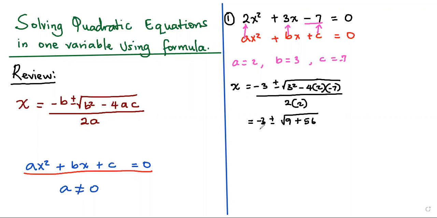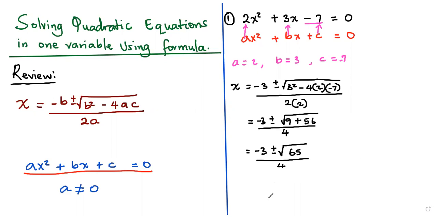And we make this out of 2 times 2, which is 4. So we come up with minus 3 plus or minus the square root of 9 plus 56, that will be 65, out of 4.